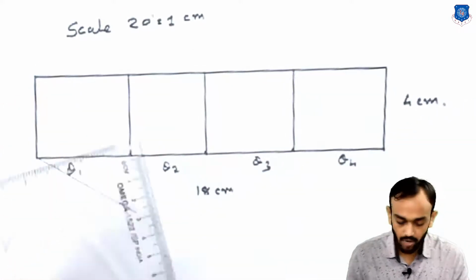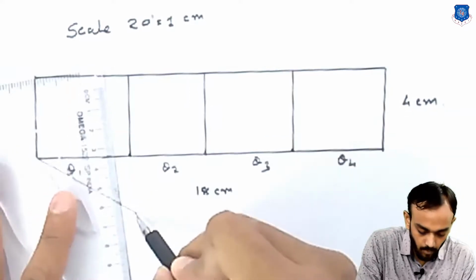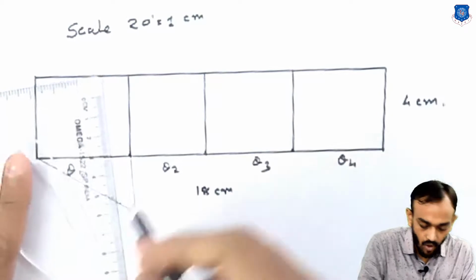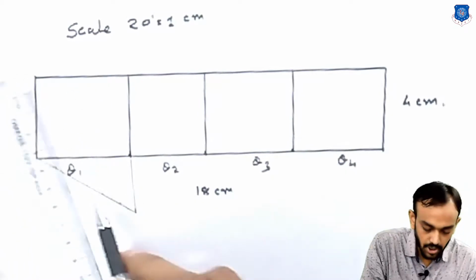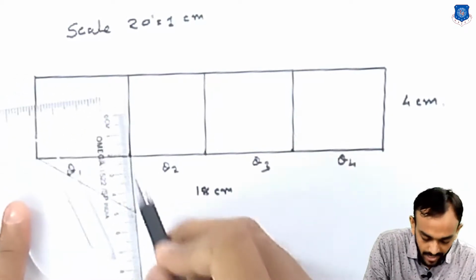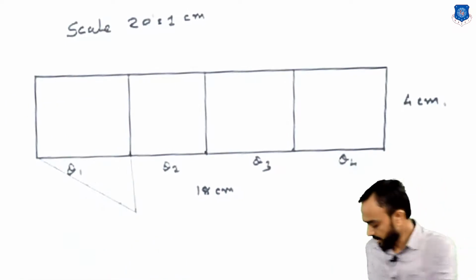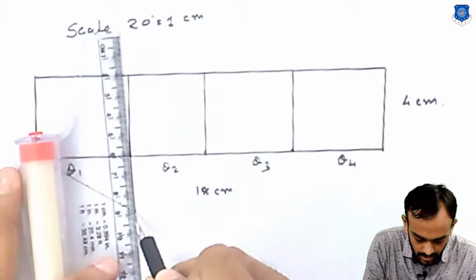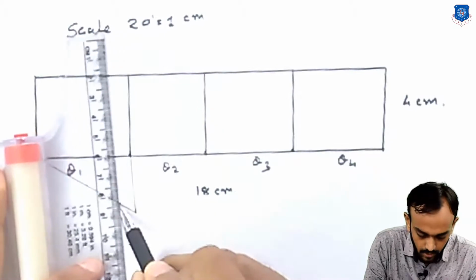Now you just have to connect these points. The first point here, and for all the other partitions you draw lines parallel to this line. You can use a roller scale here, parallel to this line.